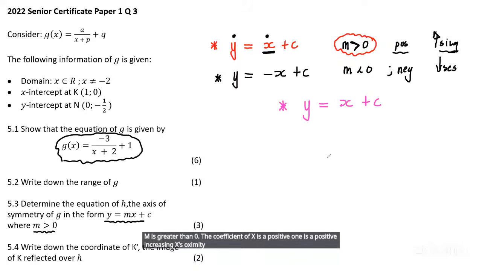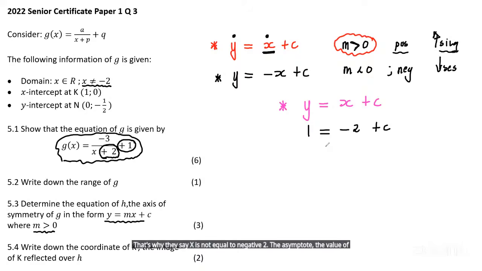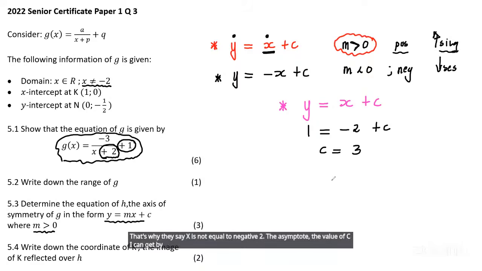Whose y? Whose x? y is the y asymptote. x is the x asymptote, and it's negative 2. That's why they said x is not equal to negative 2, the asymptote. The value of c I can get by transposing, c is 3.